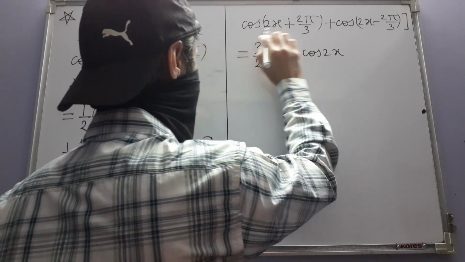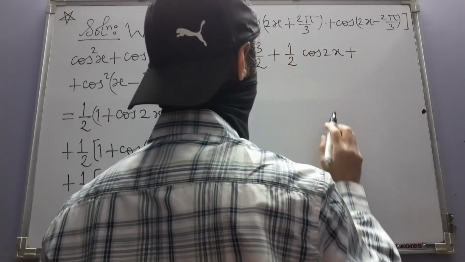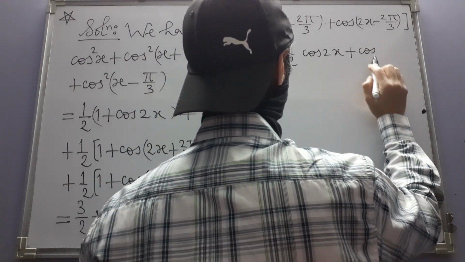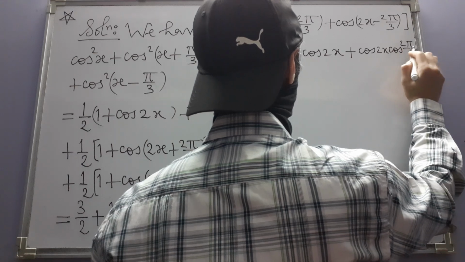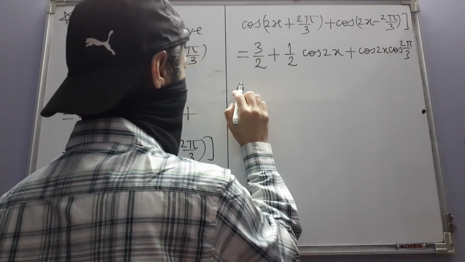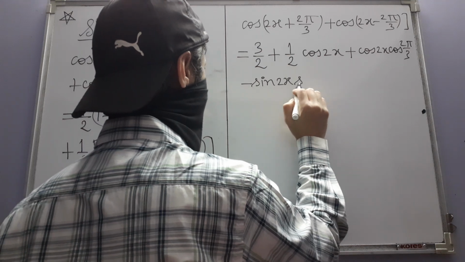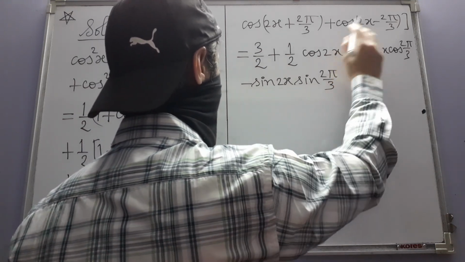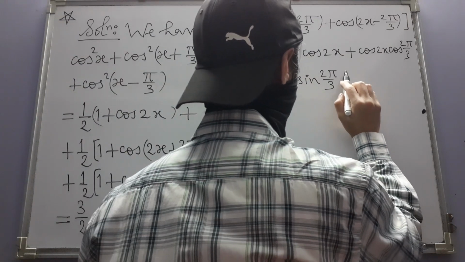Cos 2x, so I am just going to expand this one. Cos a plus b is cos a cos b minus sin a sin b. Cos 2x cos 2 pi over 3 minus sin 2x sin 2 pi over 3. Cos a minus b is cos a cos b plus sin a sin b.